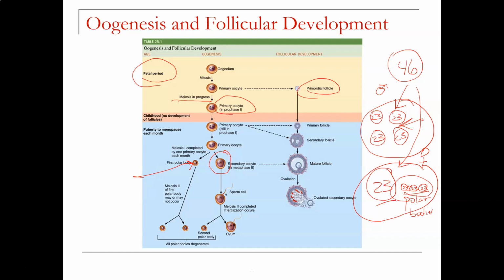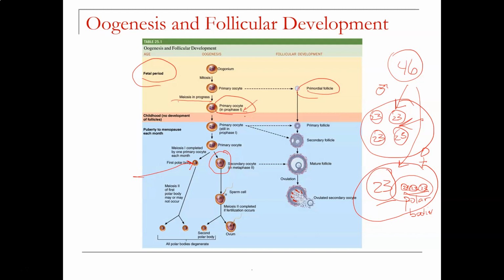And then the next time the egg cell is going to resume meiosis is really not going to be unless and until that egg cell ends up in a mature Graafian follicle. If it doesn't, it will have never gotten past this phase, prophase 1.